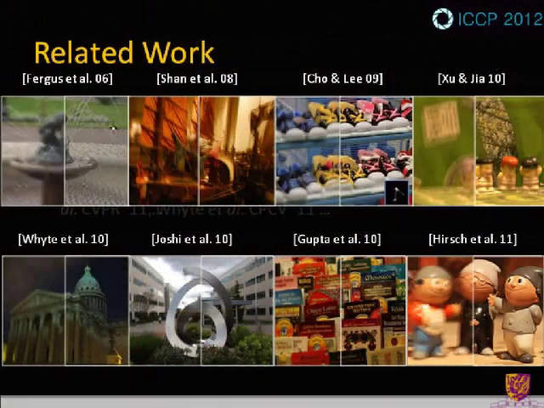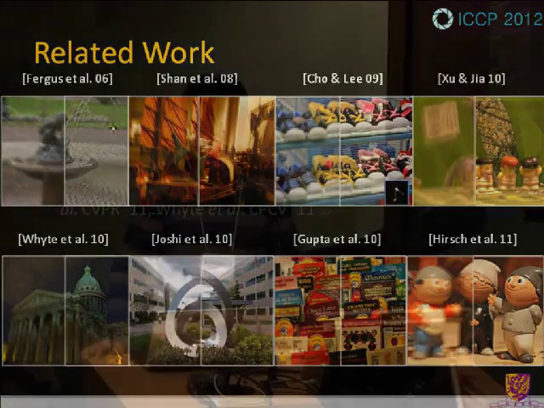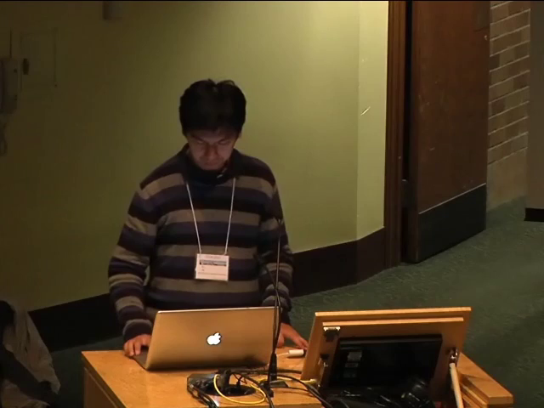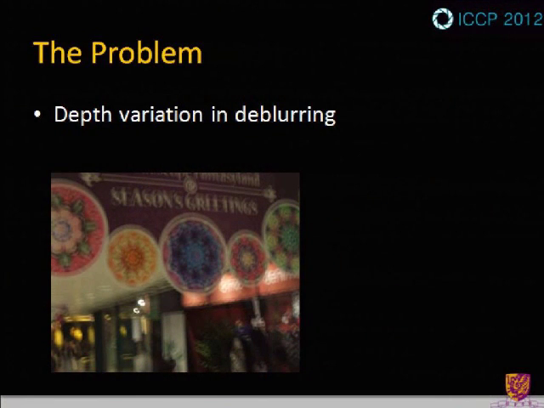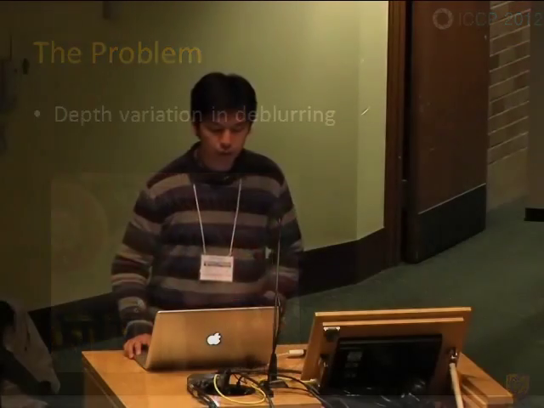Basically, the representative methods assume that the PSF is constant across the image, or that the PSF is spatially smoothly varying in the image. So we discuss another problem in motion deblurring. We find that depth variation does affect the blur formation process.